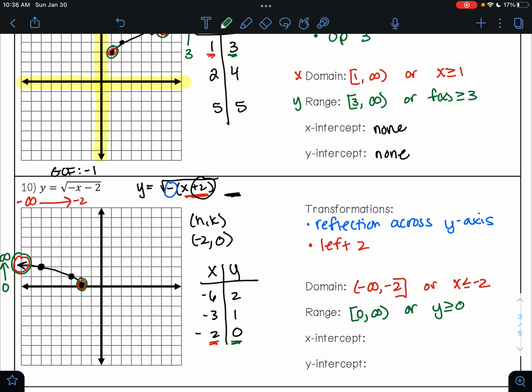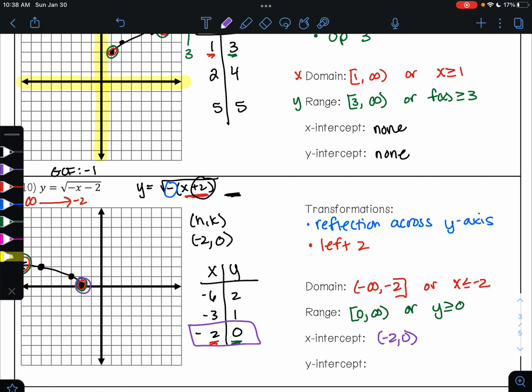Your x-intercept is where your curve crosses your x-axis. Well, that is happening right here at the point negative 2, 0. Your y-intercept is where your curve crosses your y-axis. My curve does not currently touch my y-axis, nor will it ever, and so I do not have a y-intercept here.